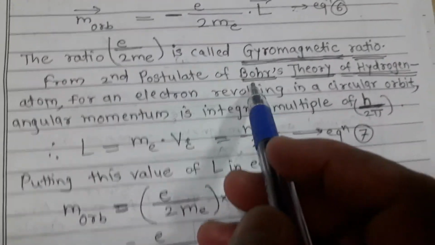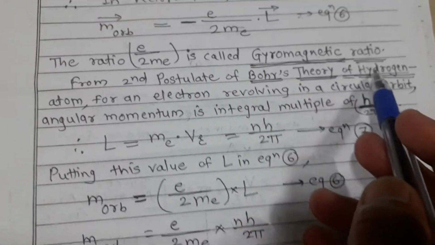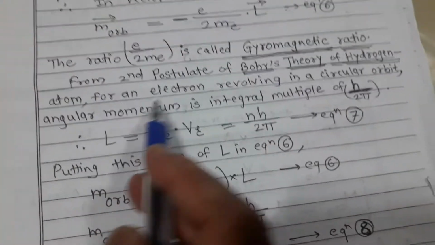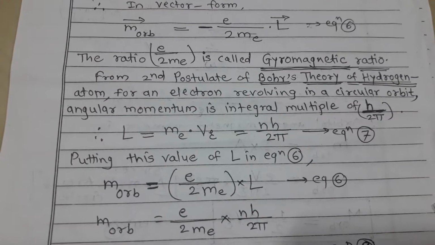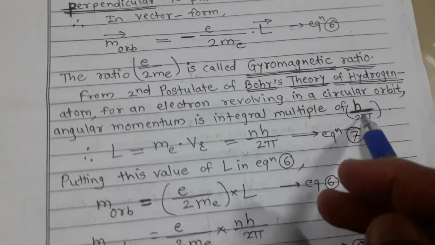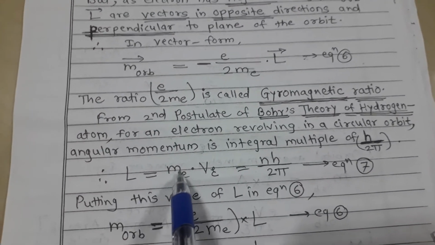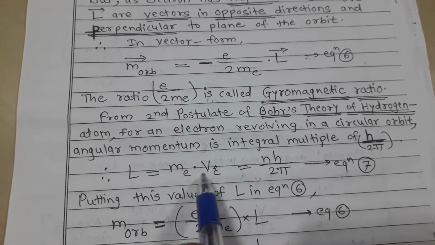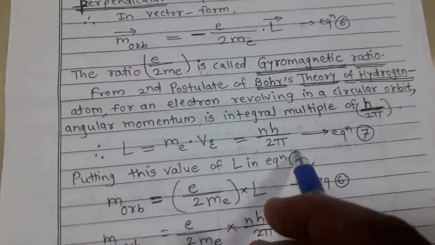Now, from second postulate of Bohr's theory of hydrogen atom, for an electron revolving in a circular orbit, the angular momentum is an integral multiple of h upon 2 pi. Therefore, capital L is equal to m of e into v r is equal to n into h divided by 2 pi.